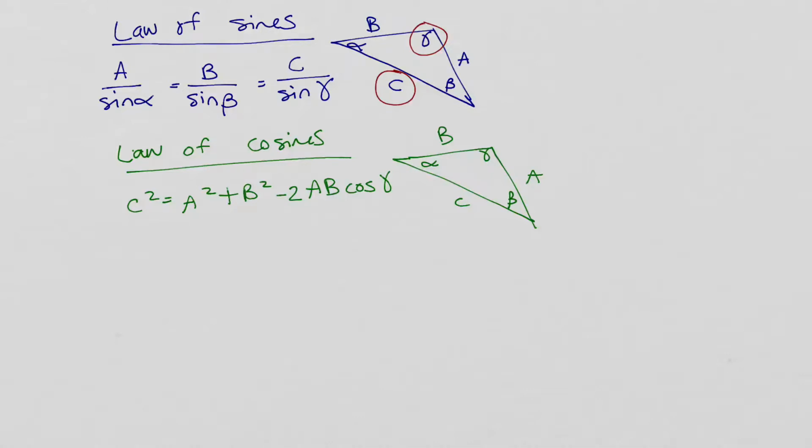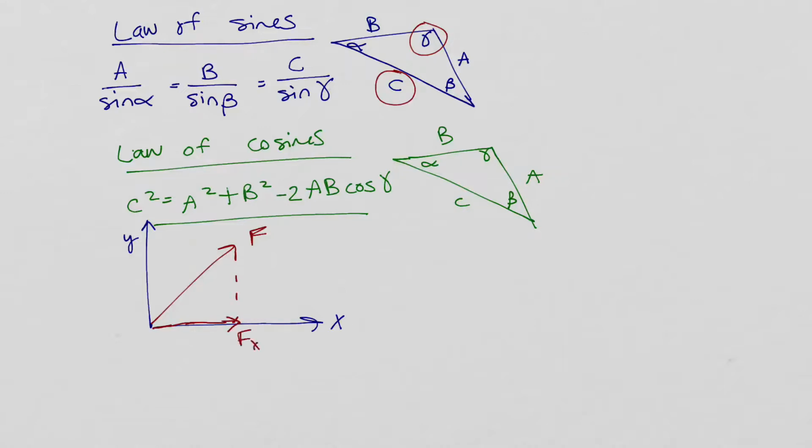I guess the last thing, a lot of times you'll need to figure out the magnitude of a force. So you can use the law of cosines to do that. If you have resolved your force, so let's say, go back to one of those earlier forces, and you've resolved it in the x and y direction, that's F of x, and the main one, the resultant force, and F of y.